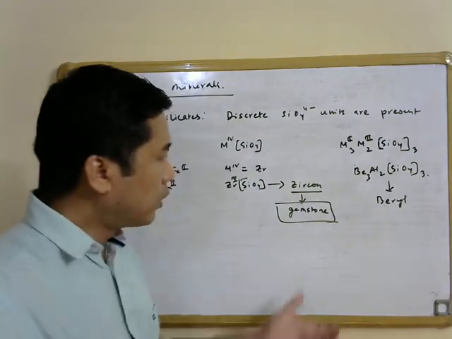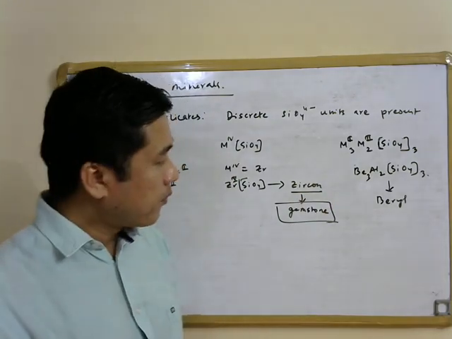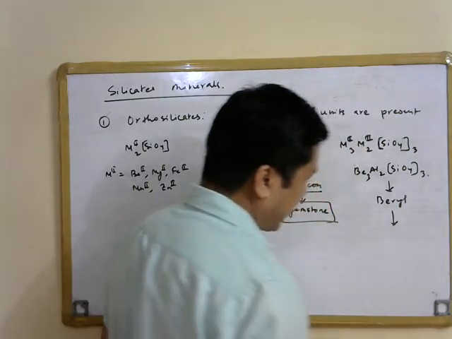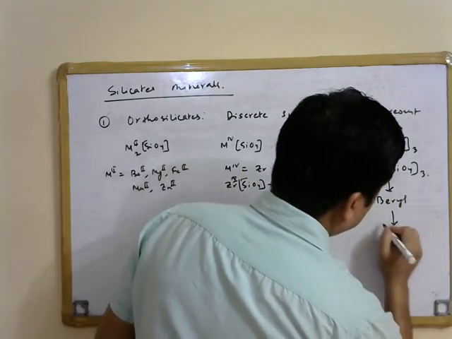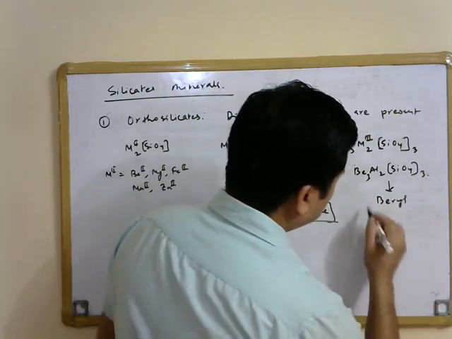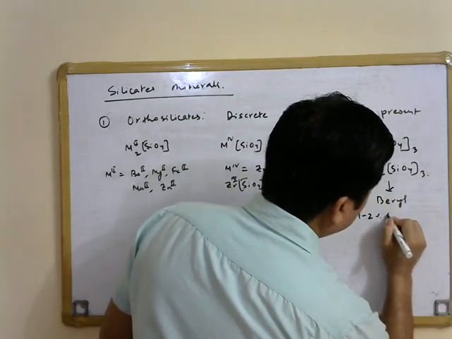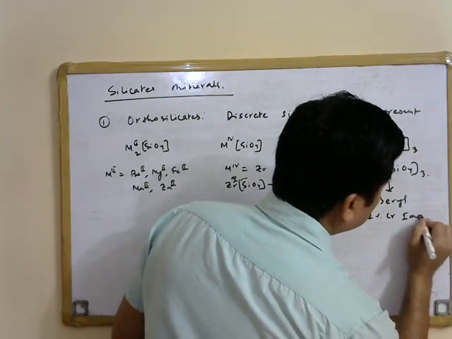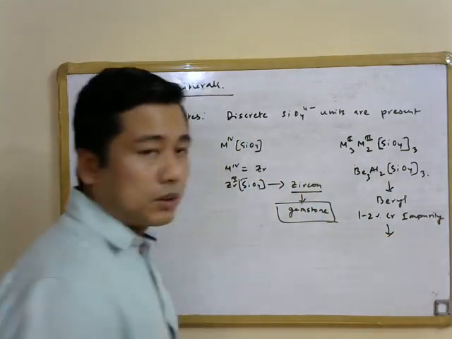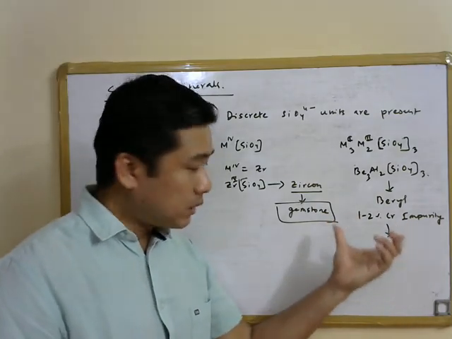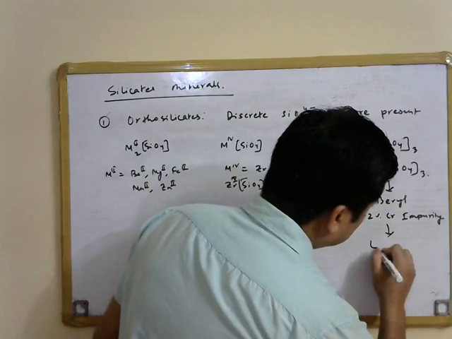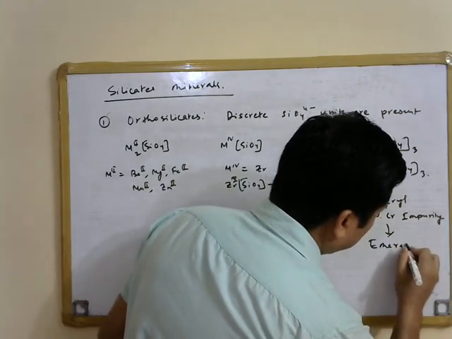Again, beryl is also a gemstone, and when beryl has 1 to 2% chromium impurity present, then the gemstone which contains this 1 to 2% of chromium impurity is essentially known as emerald.